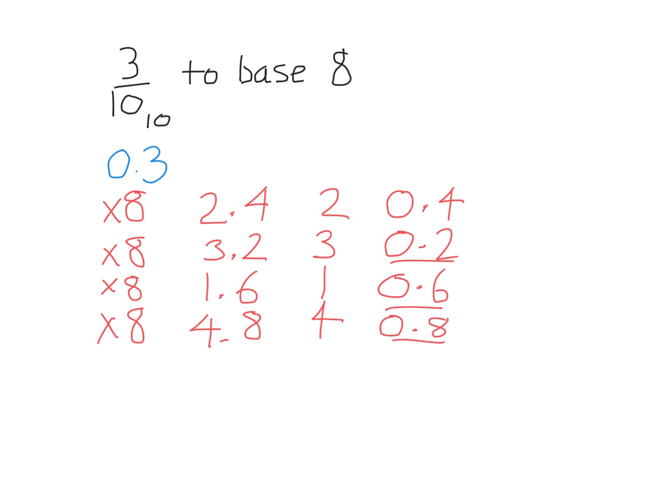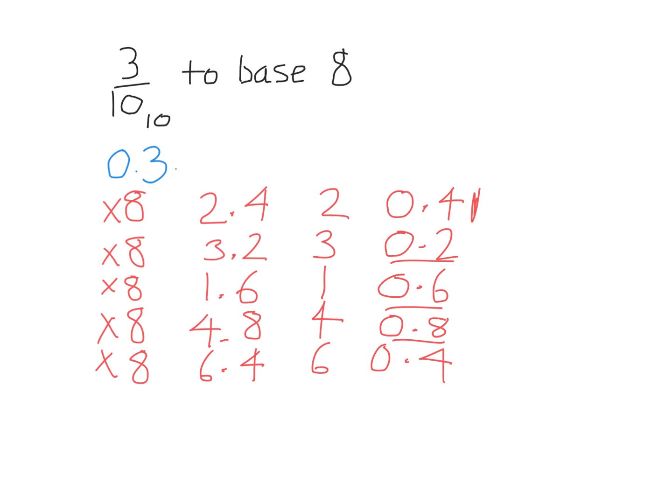So now when I do one more iteration and times 0.8 by 8, I get 6.4, which leaves a 6, and the remainder is 0.4. So I'm back to where I was here. So I know that once I hit 0.4, I'm just going to get 3, then 1, then 4, then 6. That is just going to repeat forever and ever.